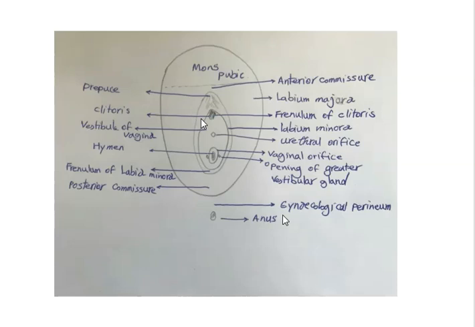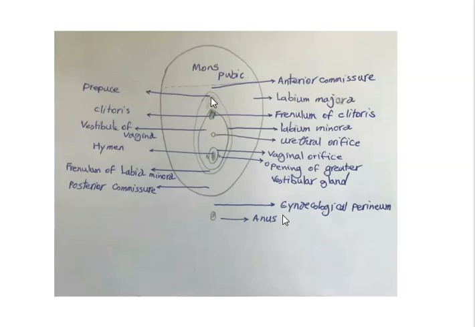The labia minora are two thin folds of skin which lie within the pudendal cleft. I mean, here is the pudendal cleft. Anteriorly, each labium minus is split into two layers. The upper layer joins the corresponding layer of the opposite side to form the prepuce of the clitoris.